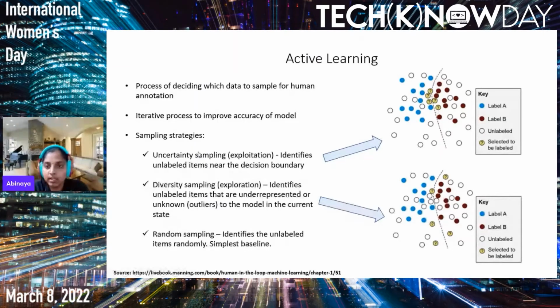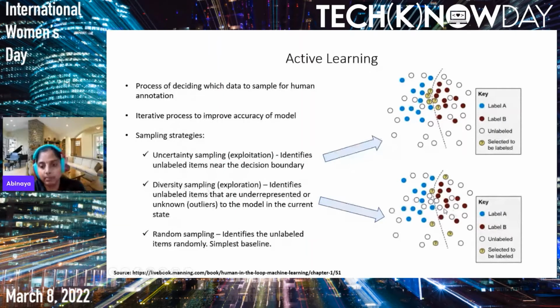In diversity sampling, we try to identify the outliers of the model, and we try to pick those outliers for sampling, because sometimes the model, in its current state, might not know what items are important and what data points are not important. So in that scenario, diversity sampling will help in sampling the right data points that resemble real-time data.